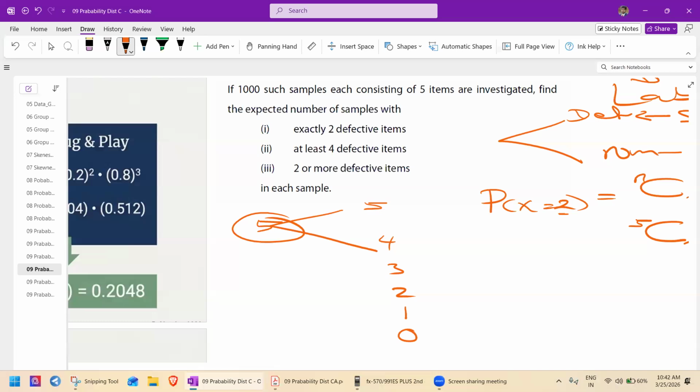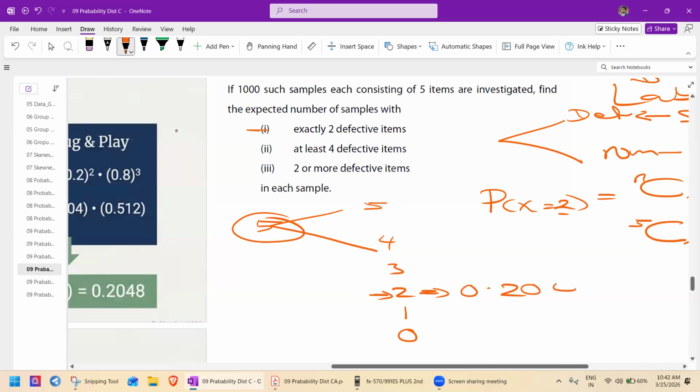There are 6 possibilities. Now the first part we discussed was exactly 2, and the probability is 0.2048. The second question, at least 4 defective items. At least 4, I mean, it can be 4 items or 5 items, at least minimum 4.